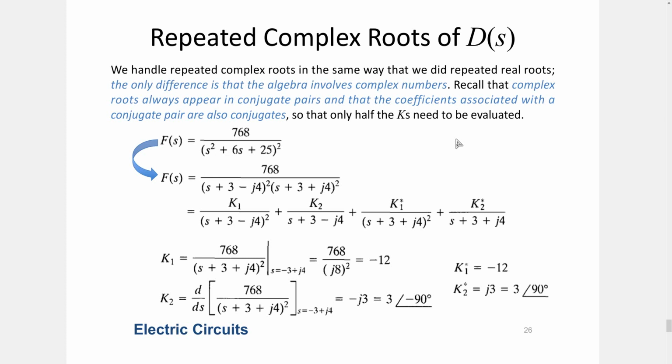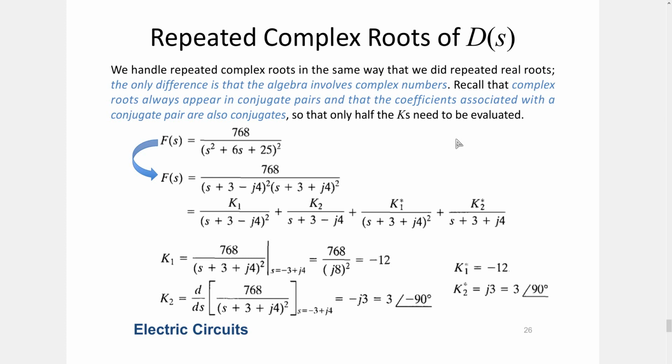The only difference will be that the algebra will be incorporating complex numbers, which might be prone to errors, especially when you are doing it by hand. Complex roots always appear in conjugate pairs. That's an advantage in this case. And coefficients associated with a conjugate pair are also conjugates. This is an important principle that you should keep in mind to make your life easy.